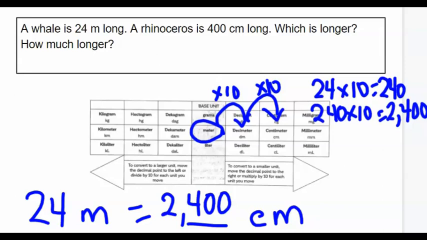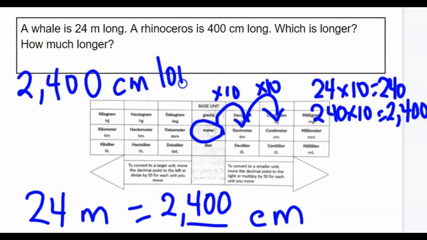So now I can compare that a whale would be 2,400 centimeters long, and a rhinoceros is 400 centimeters. Which is longer? Well, a whale is longer, isn't it? Well, how much longer?